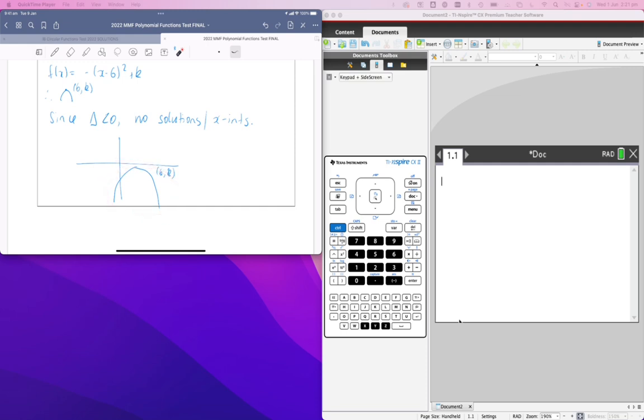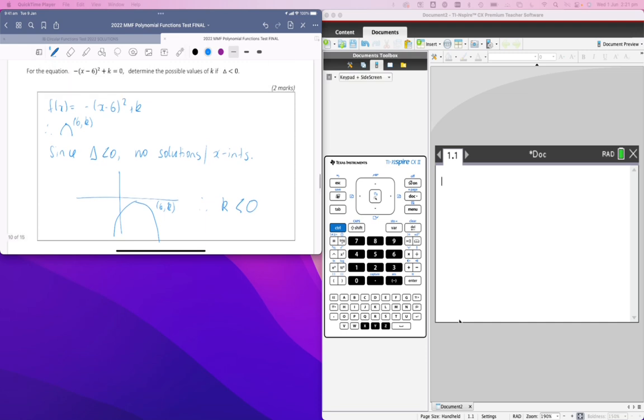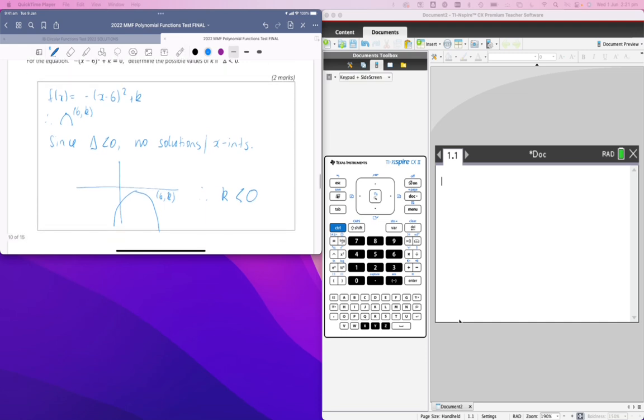Well, k could be anything as long as it's negative. It could even be negative 0.00000001. So therefore, k is less than 0. Not much working out to do, but a lot of thinking to get k less than 0. But let me erase that because I know that most people would not consider it that way.